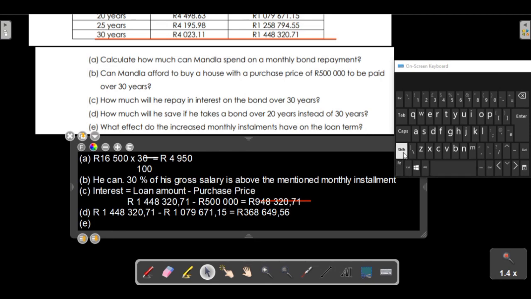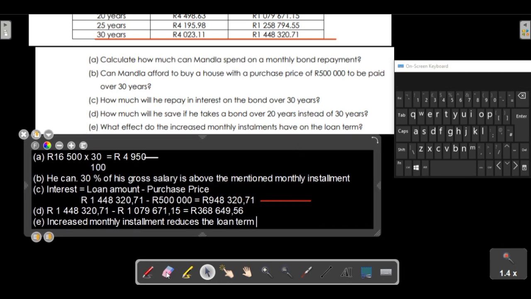So increased monthly installments reduce the loan term, because if you're paying large stacks of money each and every month, the amount that you pay will reach the amount that you owe, and hence that will happen over a short time. So that's what we are going with there.